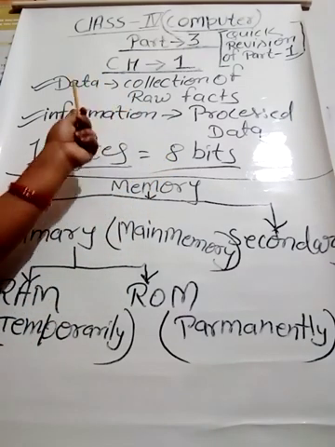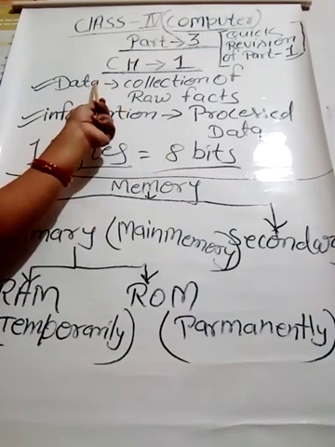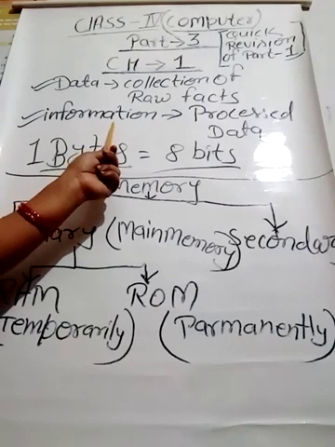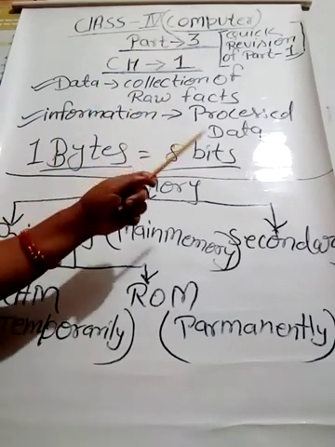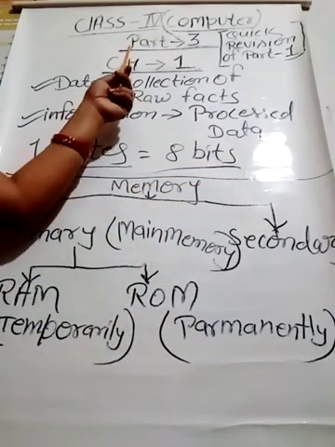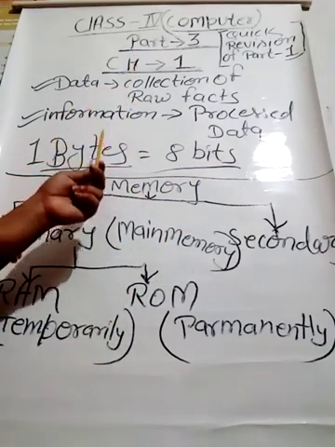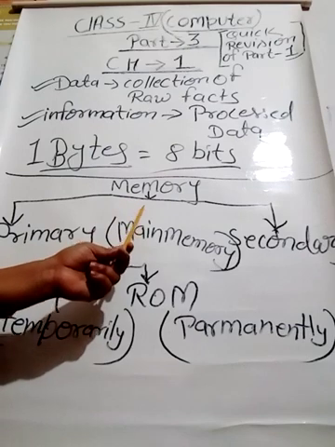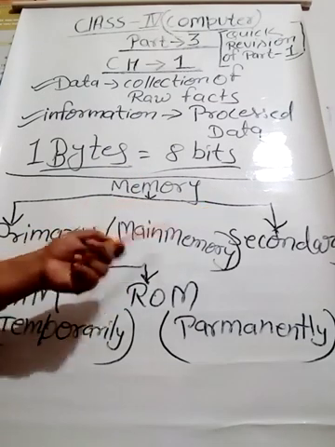So this is data and information, and these are stored by the computer in its storage and memory devices. In this part I am going to explain what memory devices or storage devices are.